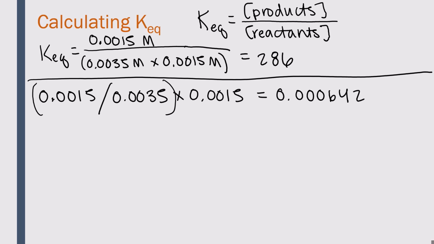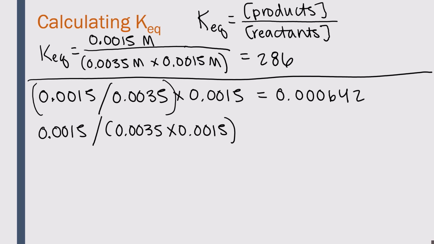Another possibility is you can type in 0.0015 divided by 0.0035 times 0.0015 in parentheses. And when you do that, your calculator is going to read that it needs to do this multiplication first and then do the division.